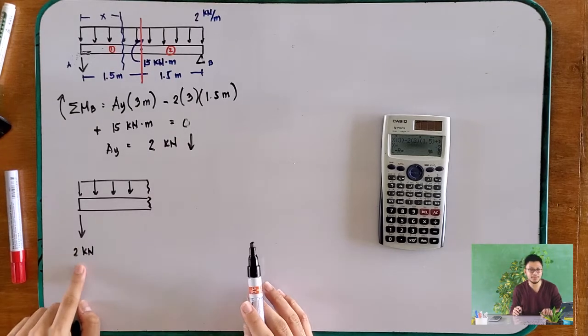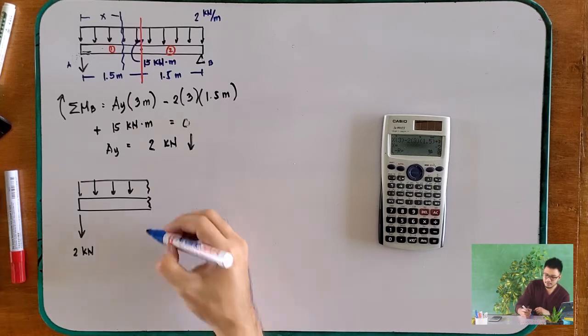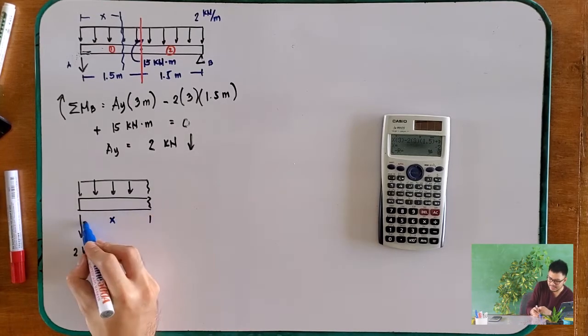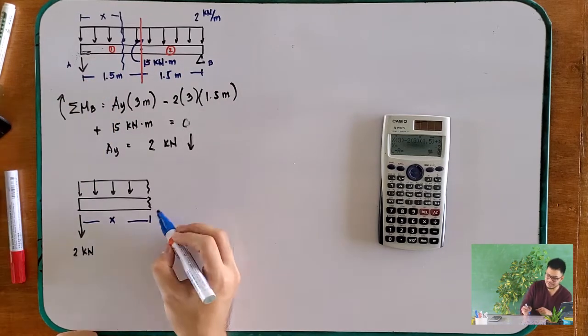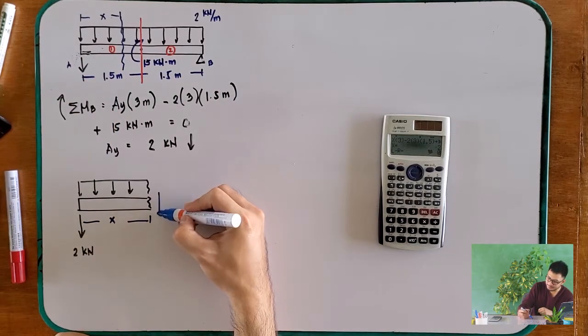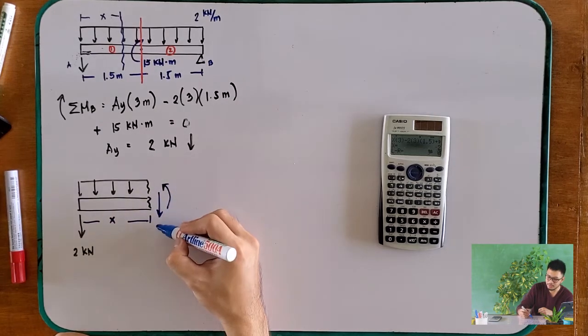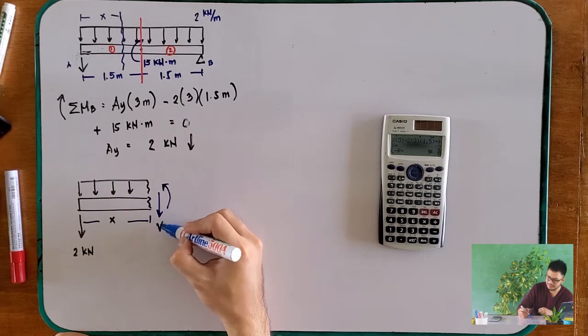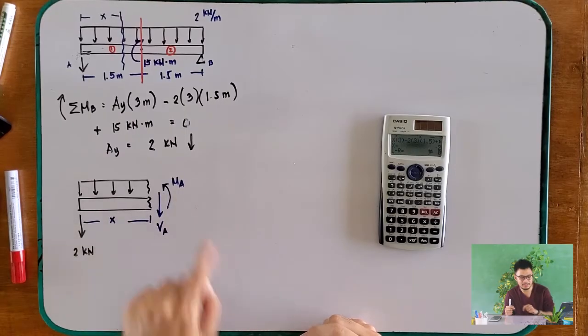And always don't forget sa atong support reaction kay apil na siya. And we learned that this distance is x. Okay, di ba? Nag-cut ta at an arbitrary distance of x. And we have exposed the forces right here. And applying sign convention, we knew that this one is VA and this one is MA. Okay? Now, we're going to solve these two.